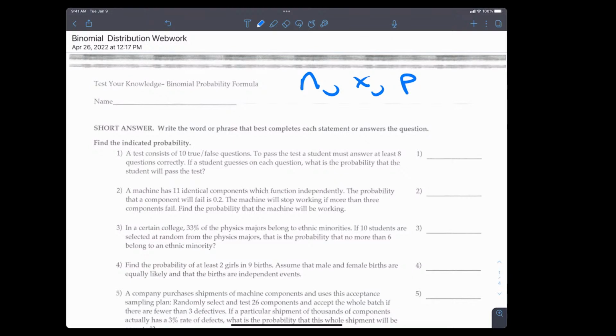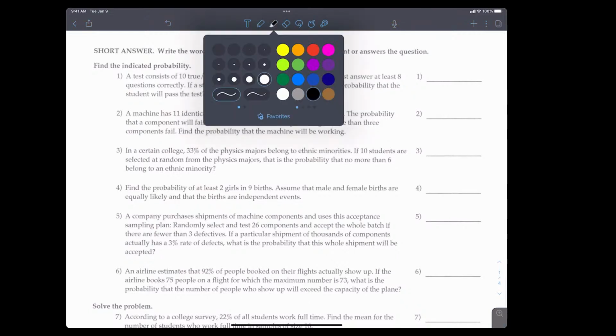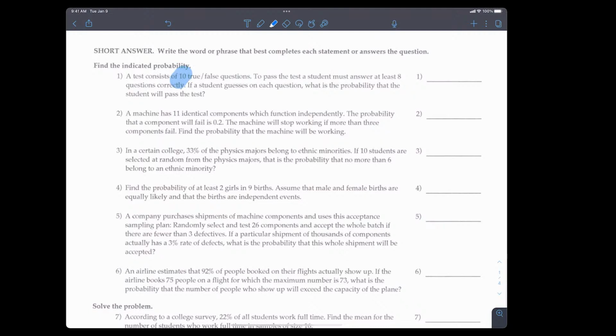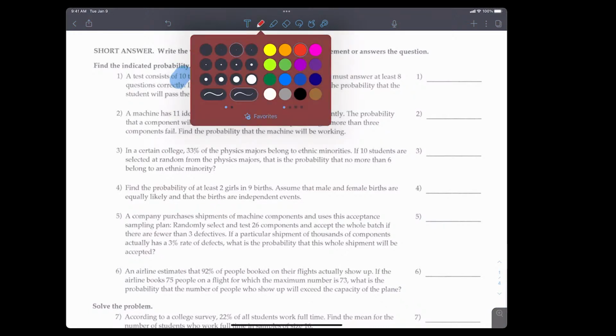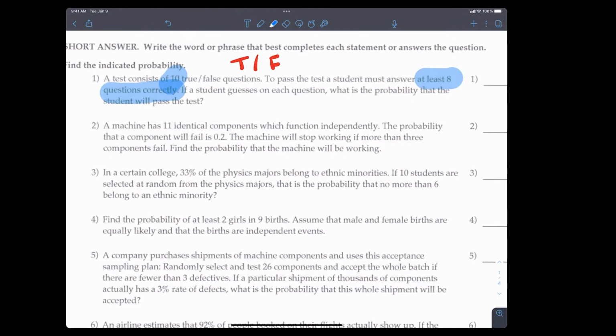So if we look at question number 1, it says a test consists of 10 true-false questions. To pass the test, a student must answer at least 8 questions correctly.